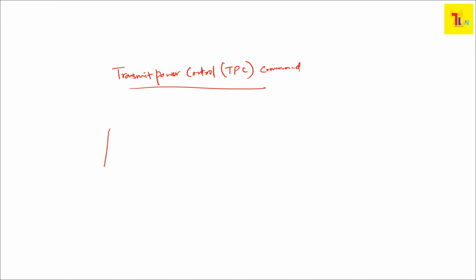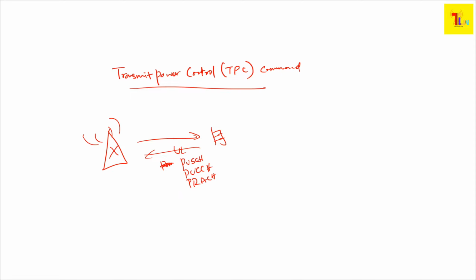For example, if you have an eNodeB, it has to inform the UE about how much power it has to adjust so that it can have efficient power in the uplink. Mainly we use the uplink power for sending PUSCH, PUCCH, or PRACH data in the uplink direction.